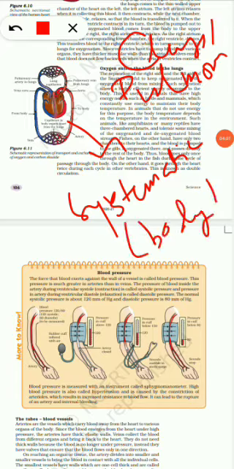The oxygenated blood will be carried from the heart to the different parts of the body, and then from the body it will enter through the vena cava into the heart. This is systemic circulation. In the pulmonary circulation, the deoxygenated blood from the heart will move into the lungs via the pulmonary artery, and then the oxygenated blood will reach the heart by the pulmonary veins.